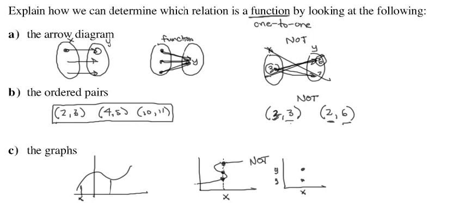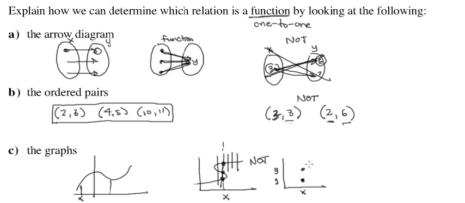They say if you can draw a vertical line through your function anywhere, it should only hit the curve once. So this line's okay, this line's okay, this line's okay. Here, though, we get 3 hits, and here we get 3 hits. As soon as this happens even once, your relation just failed and it's not a function.